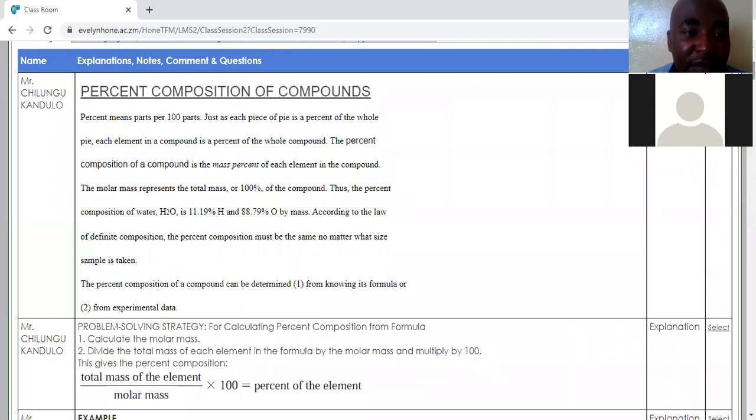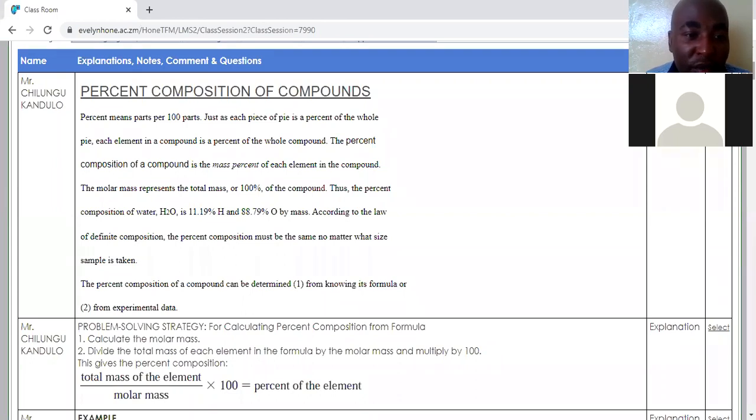It means parts per 100 parts, meaning the entire compound is 100. Then your element is a part of the 100. So this is like a decimal fraction, and we always multiply by 100. You always have to remember that.